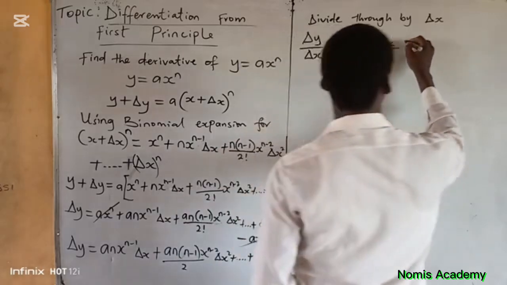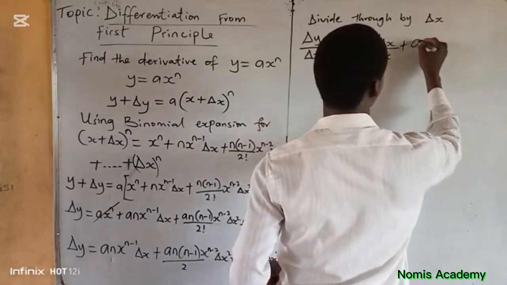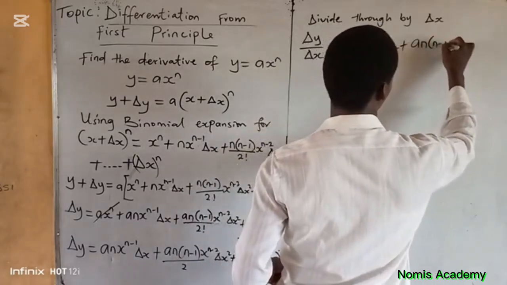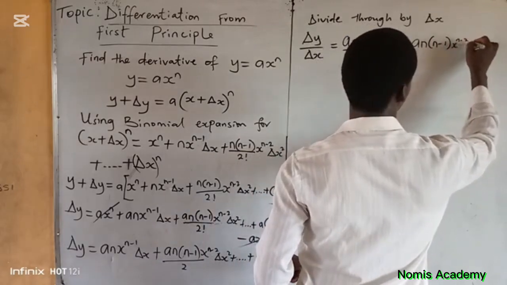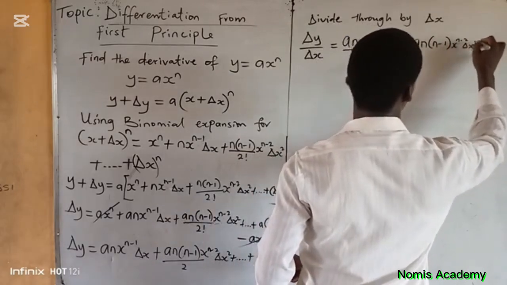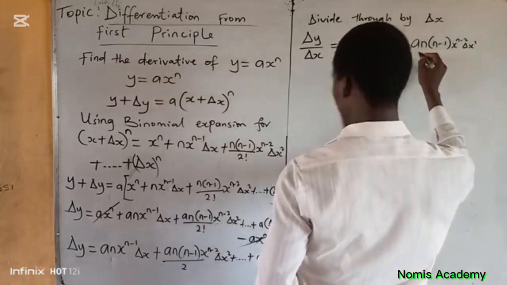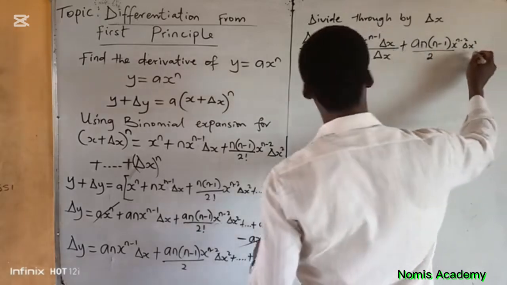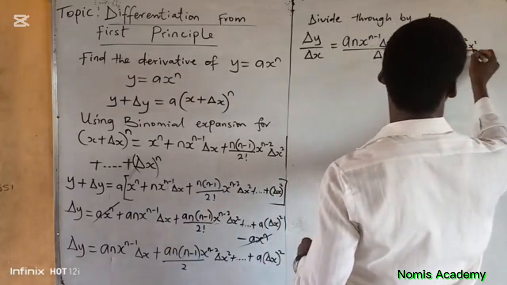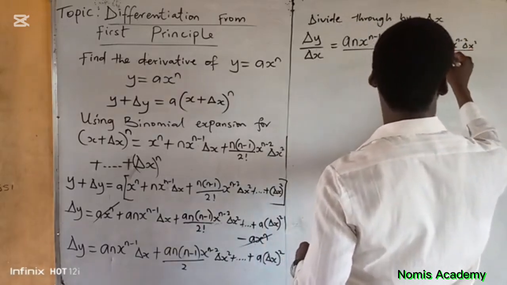The second term, which is a n into n minus 1 x n minus 2 delta x squared, all over 2, we are dividing by delta x.